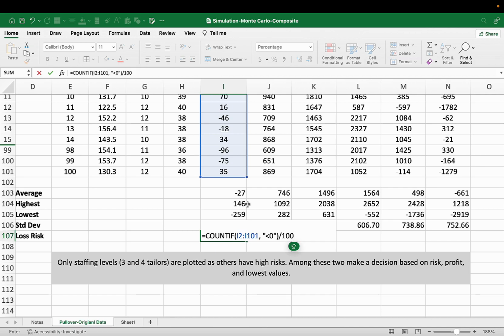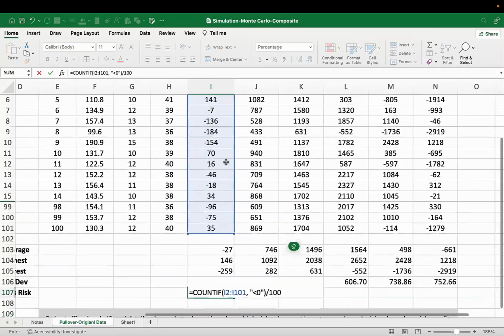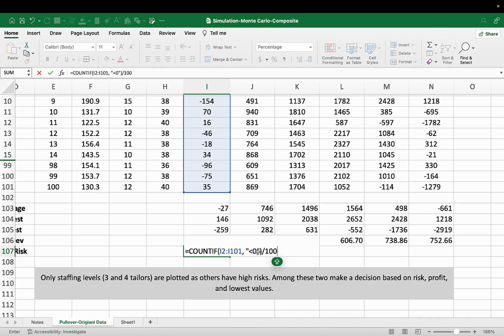Before I hit enter, let me explain it one more time. We want to calculate the risk of loss, and for that I use the COUNTIF function, which means it will count in this whole column the number of values that are less than 0. As you can see, it's represented by this within quotes, less than 0, and then I divide by 100 because I want to calculate a percentage.